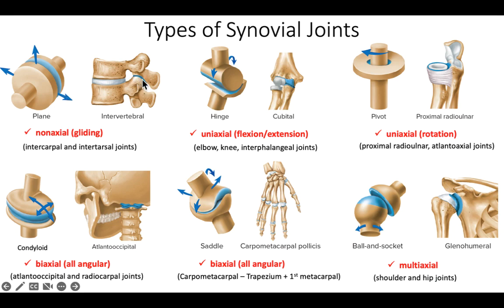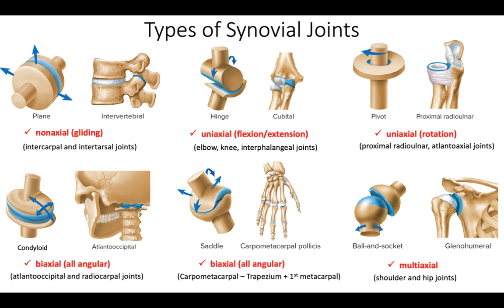For an example here, they show the joint in between vertebrae, but you also find a lot of these planar joints in your wrist, so intercarpal, in between carpal bones, and also in between tarsal bones of your ankle. So the bones come together, they're fairly flat, and what they do is they just slide a little bit. We call that gliding movement.